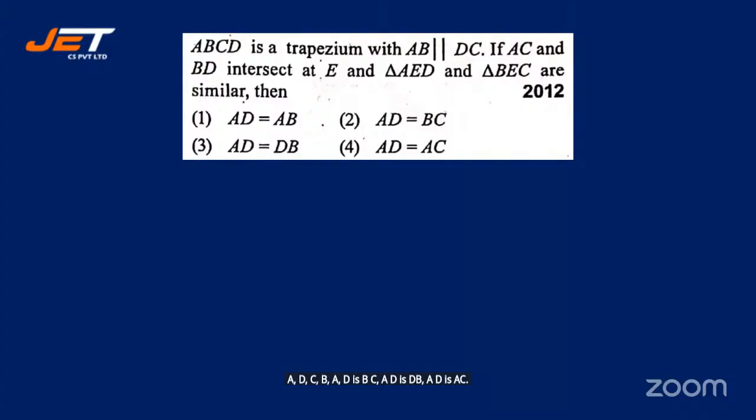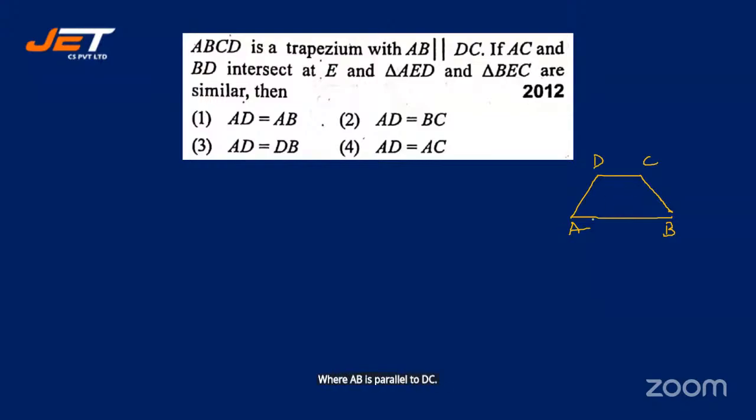All right. So try to understand, we have ABCD as a trapezium. So we can draw this as a trapezium, right? ABCD, where AB is parallel to DC.